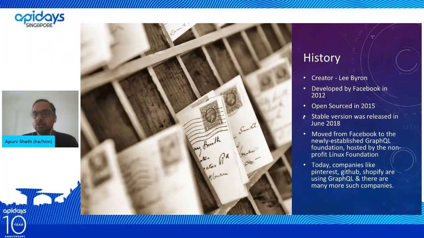Still, it was not generally available, but down the line it evolved further. And in June 2018, it was released with a stable version, moved out from Facebook, and moved to the GraphQL Foundation, which is a non-profit under the Linux Foundation, right?